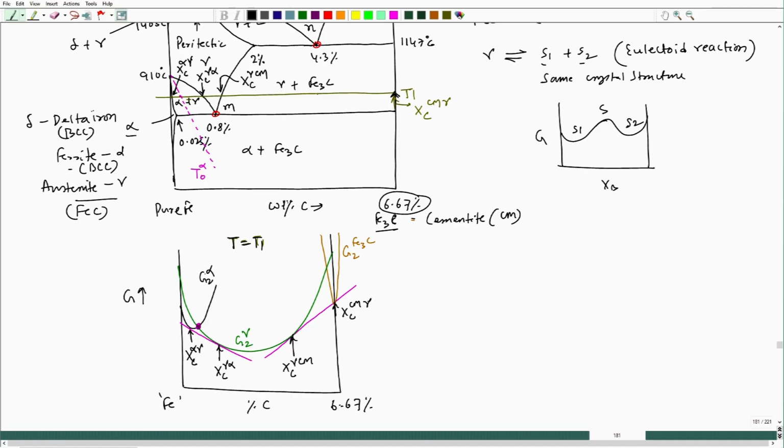These are the 4 compositions we have marked there, the same way we have done it in the iron carbon phase diagram. Now, if I take left to this composition, what will be the situation? Right to the composition, definitely it has to go to an equilibrium transformation from solid to 2 different solids, but on the left to the T naught we will have a typical situation. Now, let us look at that part.